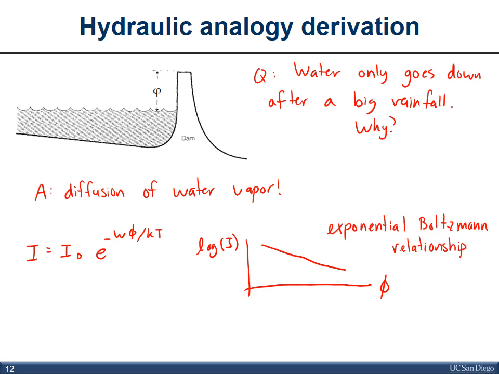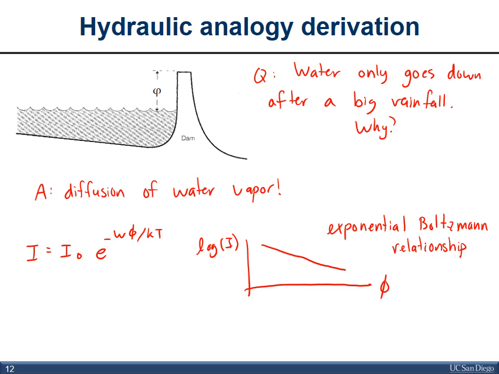What ends up happening is that the amount of water vapor close to the surface of the water is very high, but it exponentially falls off as you go away from the surface of the water. So when the dam level is very low, very little of that water vapor is present above the lip of the dam to get over to that other side.